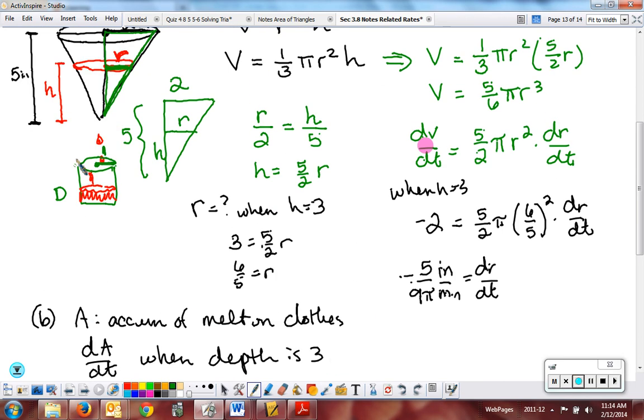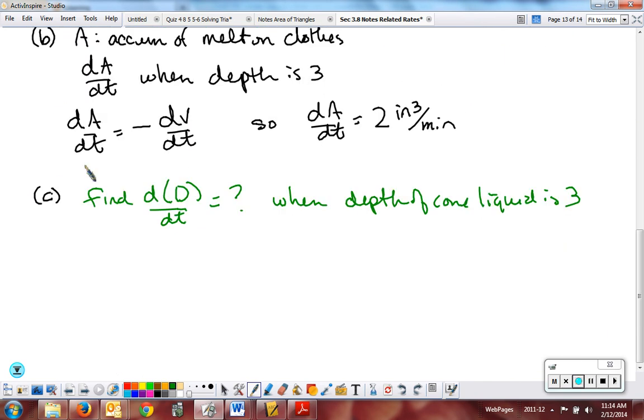Okay, so this is kind of like the accumulating one. What is going to be the change in volume down here? The opposite of dV/dt, the opposite of what it was up there. So if it's leaving at 2, it's accumulating at 2. So it'd be dA/dt. We could say the accumulation, let's do A, accumulation of melt on clothes, maybe we want to say clothes or in cup, either way.